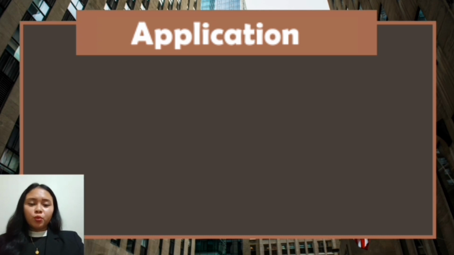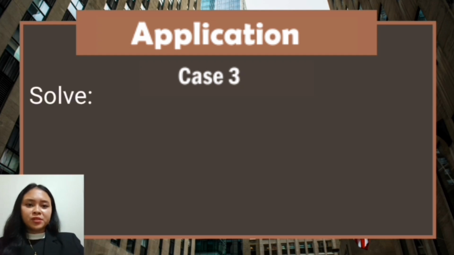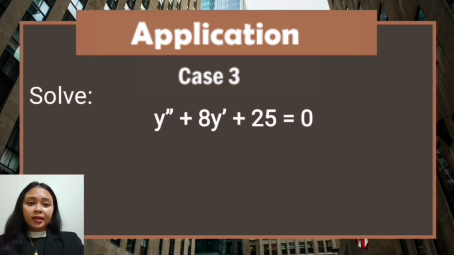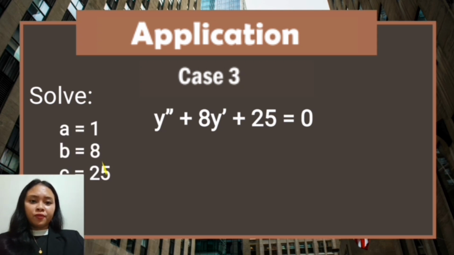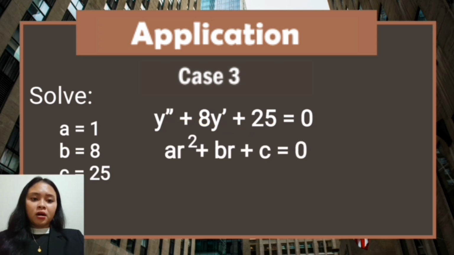So, we have here the application for case number 3. We have the second derivative of y plus 8 times the first derivative of y plus 25 equals 0. So, here are the values of a, b, and c. We can also write this equation as a times r squared plus br plus c equals 0.